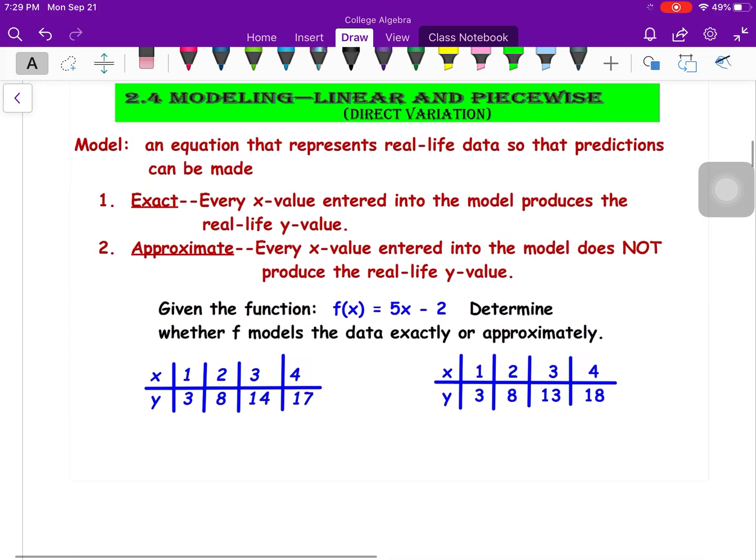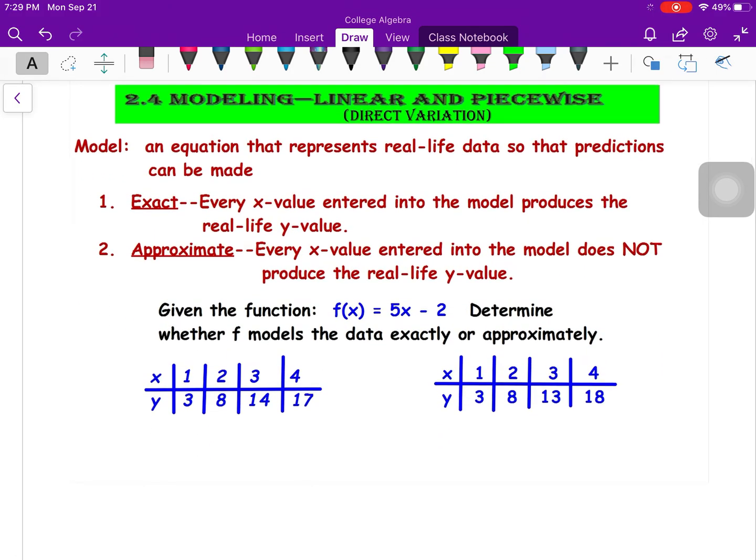All right, so when we model, it means we are simply finding an equation that represents the real life data that can be made. So to model something means write the equation to the real life data. And we have two kinds of models. They are either exact or they are approximate.